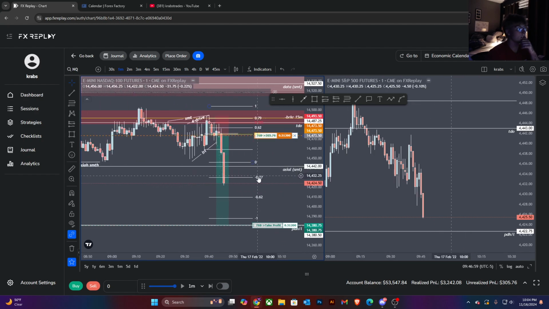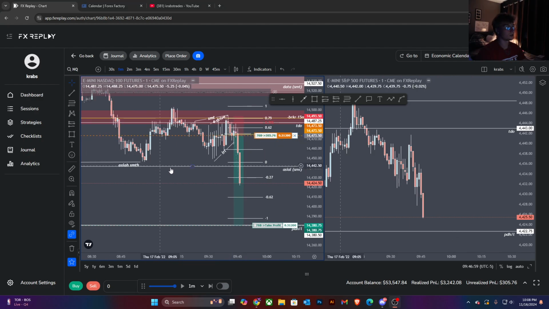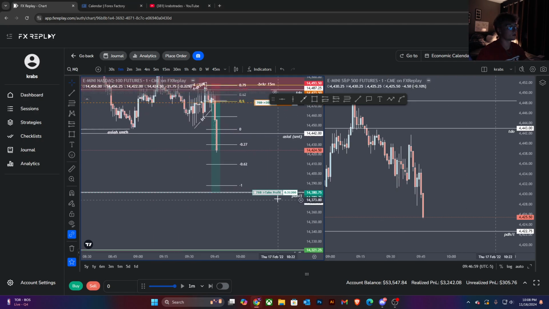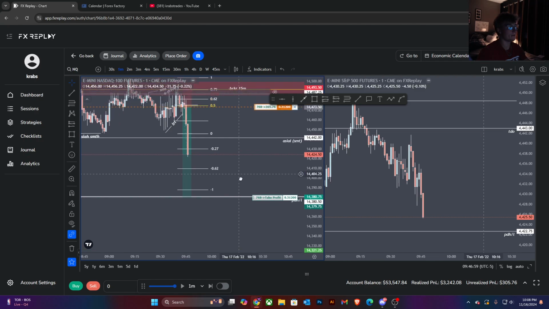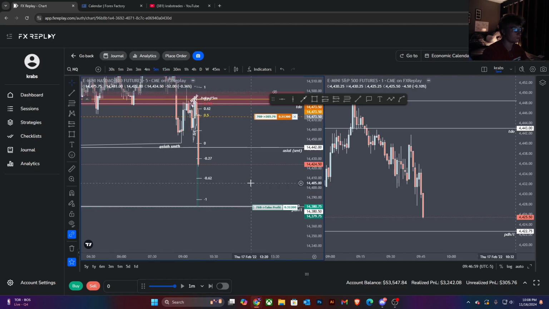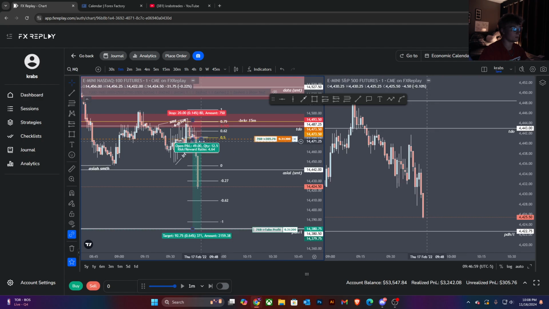Asia low was taken. Negative 0.27 retracement being hit right now. So did take out Asia low. I'm still bearish to previous day's low here. Let's see what time it is. Almost macro.